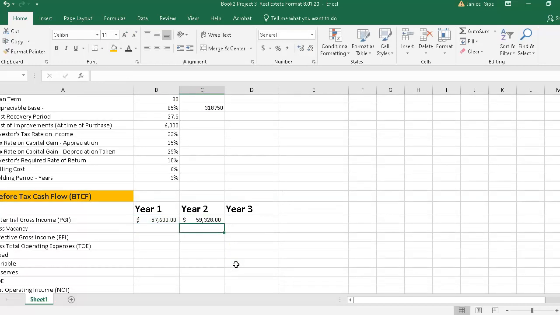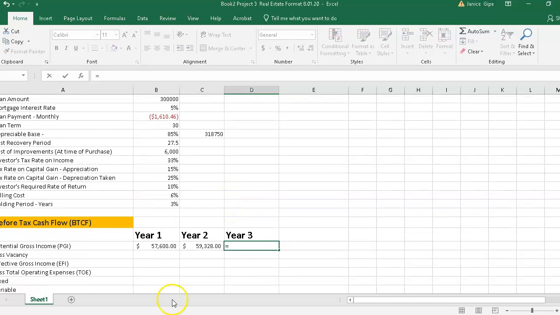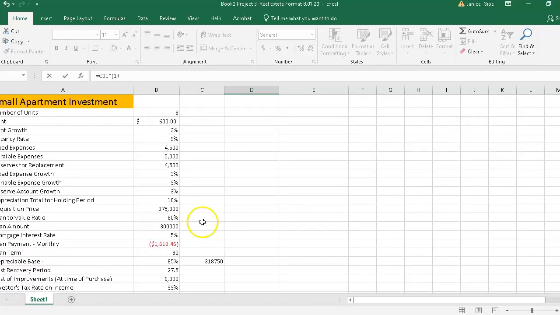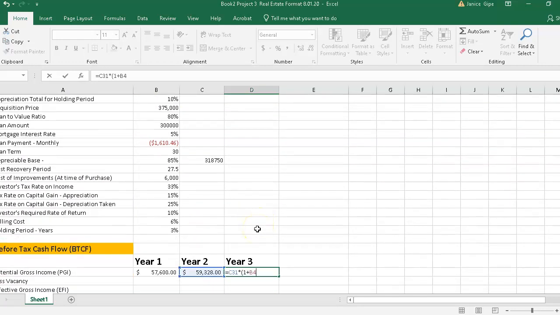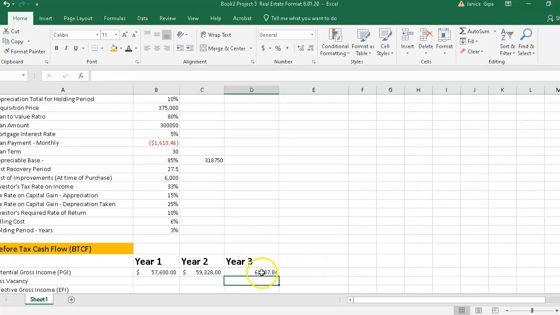And the potential gross income for year two would increase to $59,328. And we do the same thing with year three. We take the year two amount and multiply it by 1 plus the 3% again, since it's 3% per year, close the parentheses. And so it has a potential gross income of $61,107.84 in the third year.